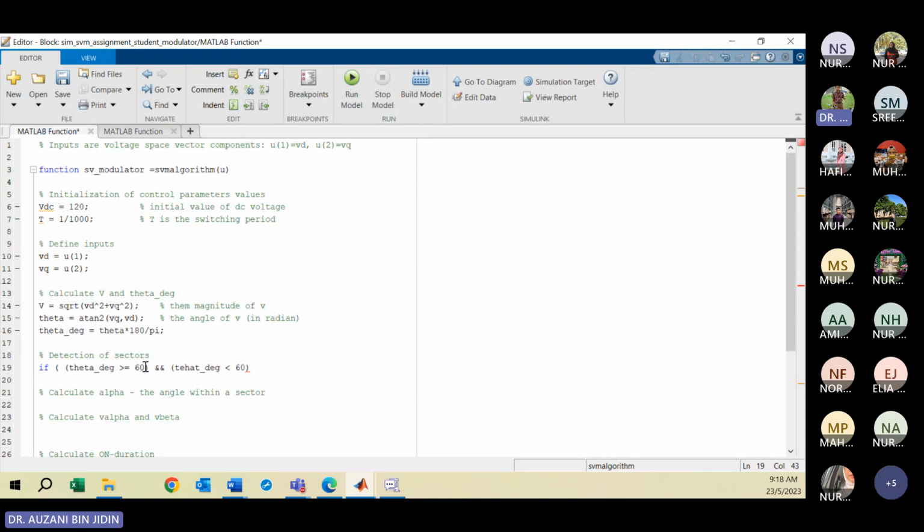Okay, sorry, this one is 0. Theta degree. But you want to compare in degrees. Okay, sorry. Theta. So if these two conditions are fulfilled, because you have the AND operator, both conditions must be satisfied, then the sector will be sector 1.